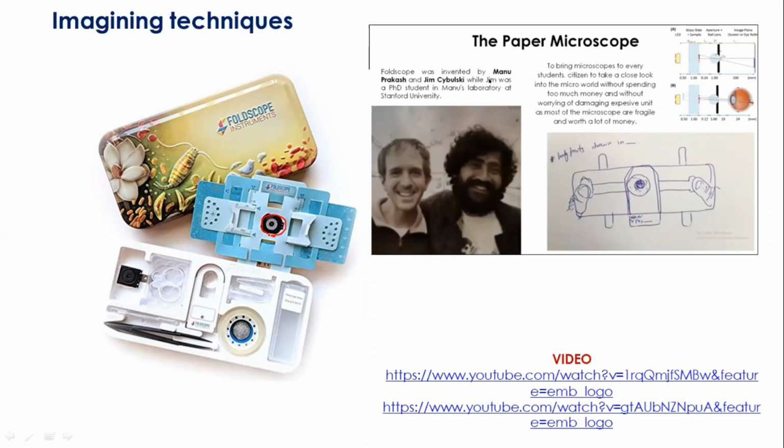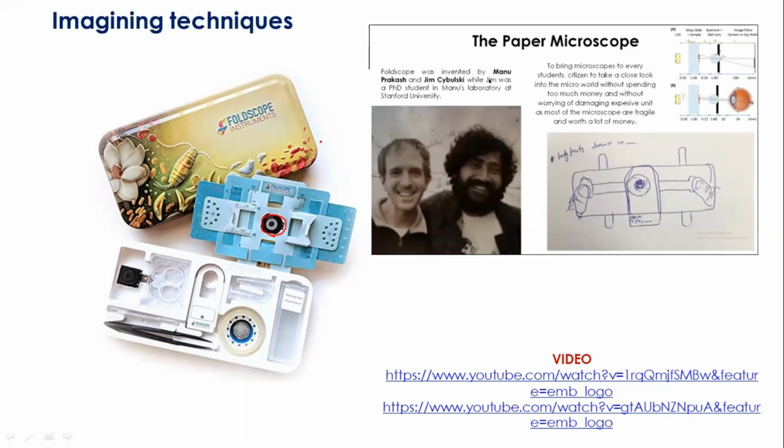But the advantage is that it comes in one particular instrument box, and you can take it anywhere. Okay. Those who are interested, I also have a Foldscope video on the YouTube channel. If you're interested to look at how it appears, how you fix it, how you see it, you can go and have a look there.